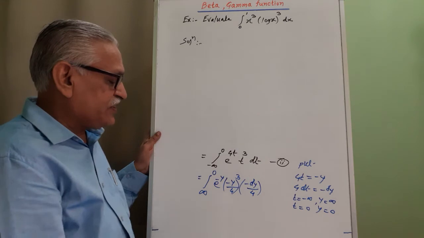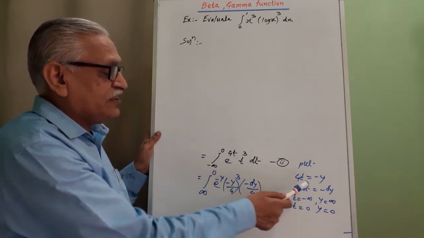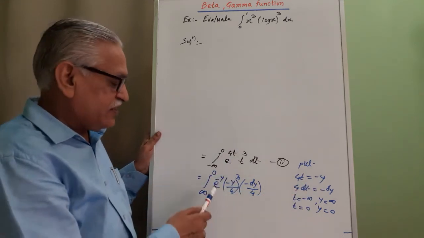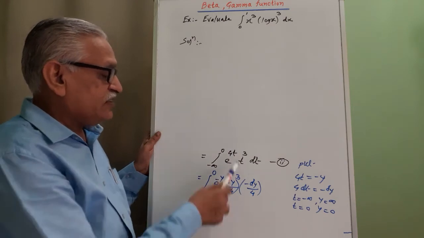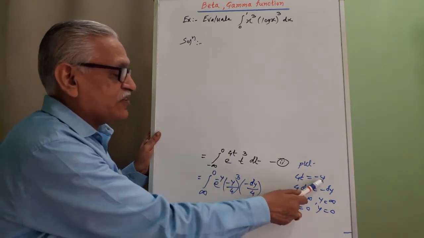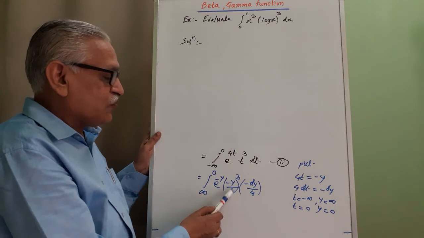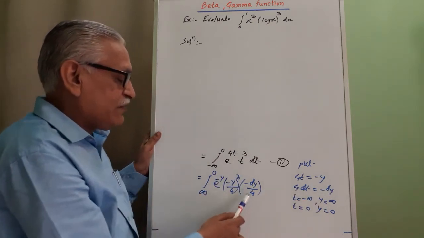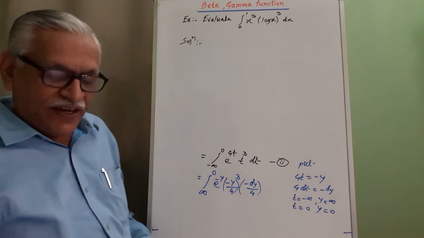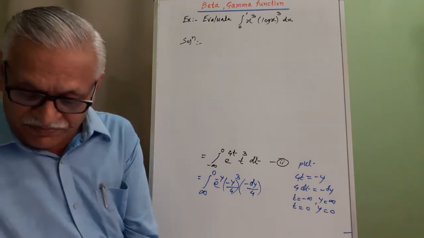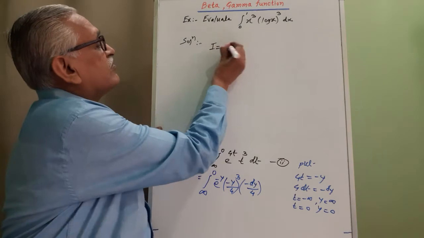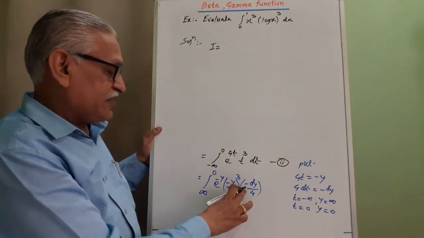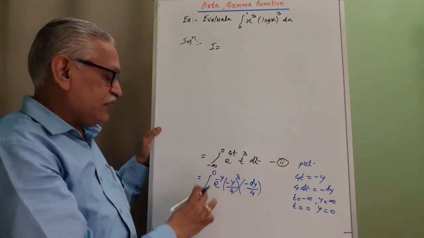So the limits are from infinity to 0, e raised to 4t, but the value of 4t is minus y, and therefore it becomes e raised to minus y. Finding the value of t as minus y upon 4, and its cube, and dt as minus dy by 4, then simplifying, this minus sign cancels by changing the limits.